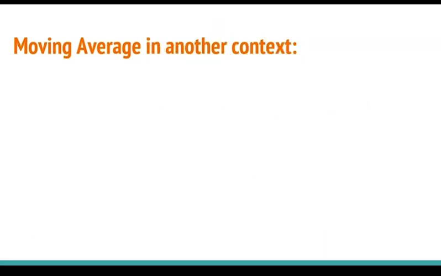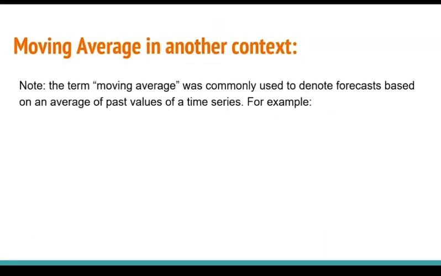Moving average in another context is commonly used to denote forecasts based on the average of past values of a time series, and I'm going to walk you through an example right now. If you take a look at what I have right here, there's one moving average that you've done before.